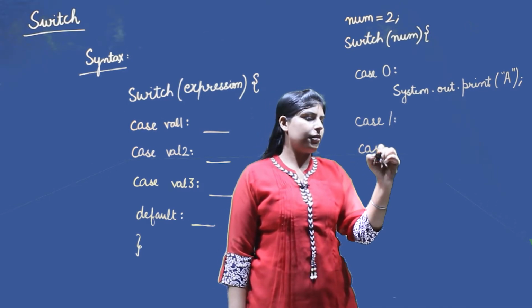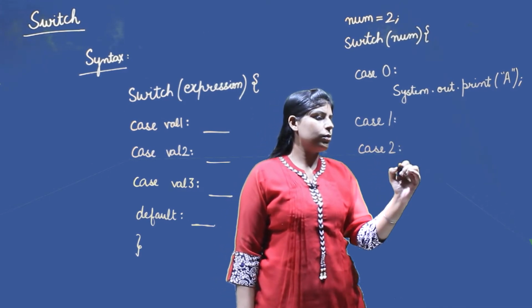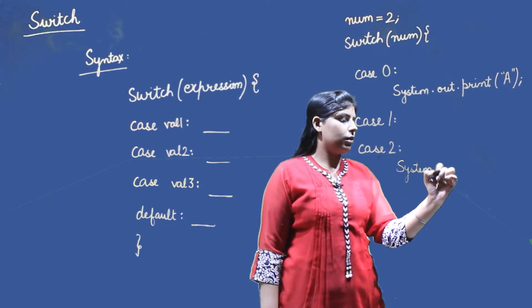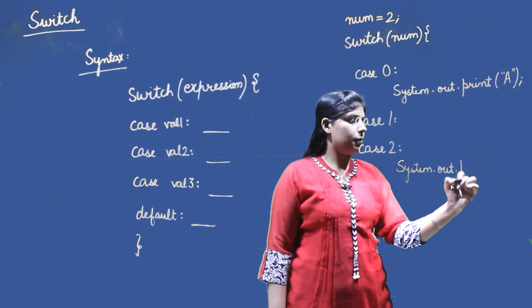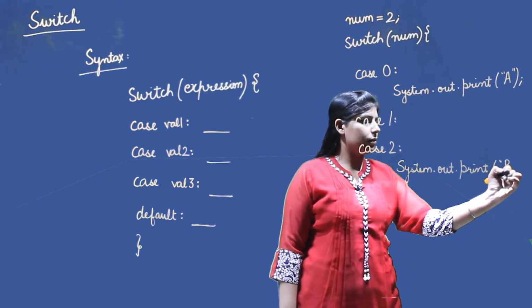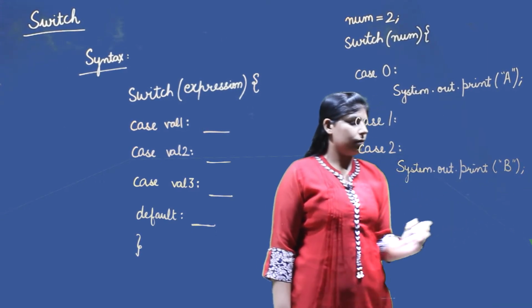So next I have case 2. Here I have another statement, system.out.print b.